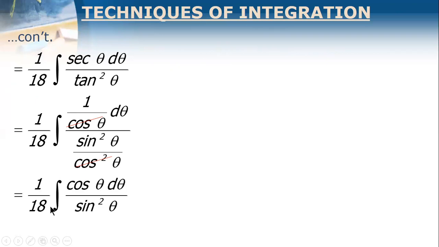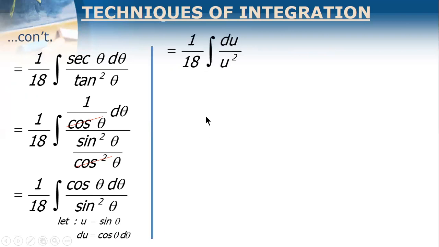And the result is this. You can solve this by changing the variable. Let u equal to sine theta, du equals cosine theta d theta. So the result is 1 over 18 du over u squared.